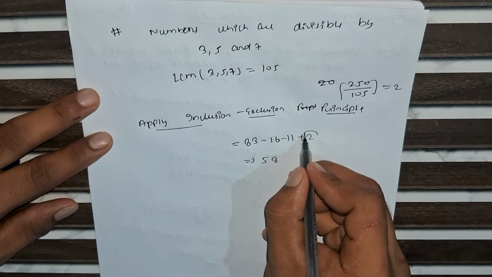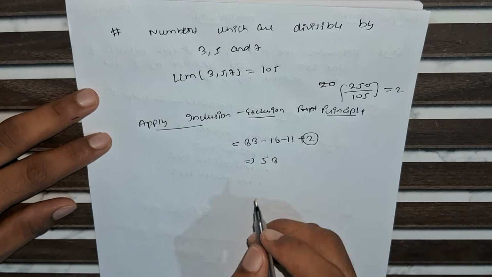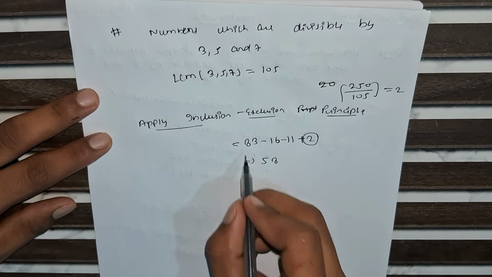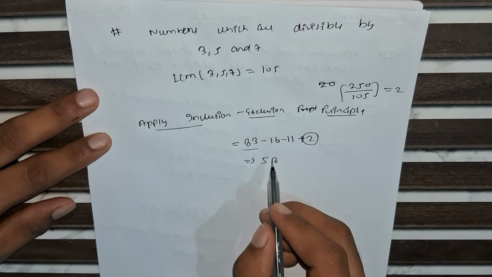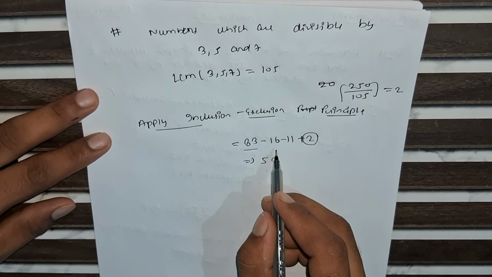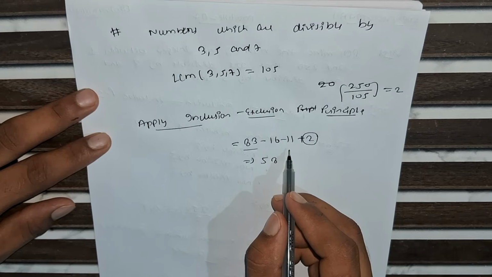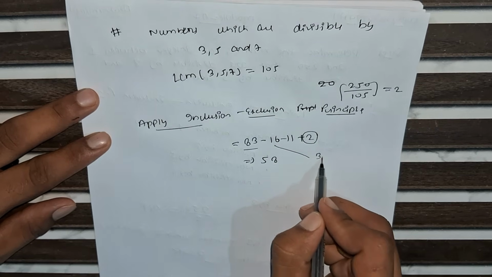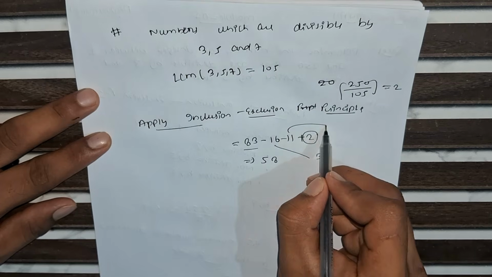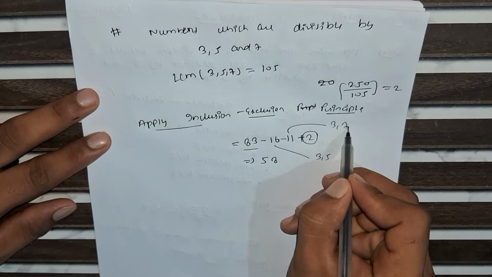Here, why am I adding 2? Because the total number which is divisible by 3 is 83, and then we subtract the numbers which are divisible by 3 and 5, and the numbers which are divisible by 3 and 7. This is the number divisible by 3 and 5, and this is the number divisible by 3 and 7.